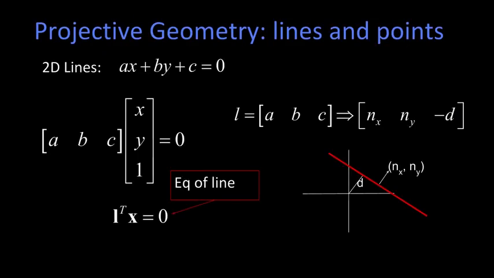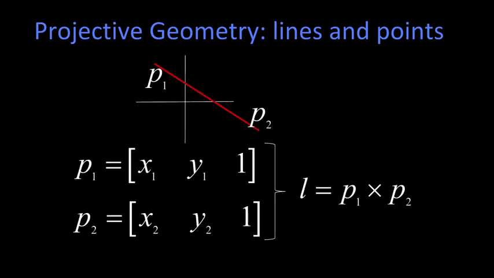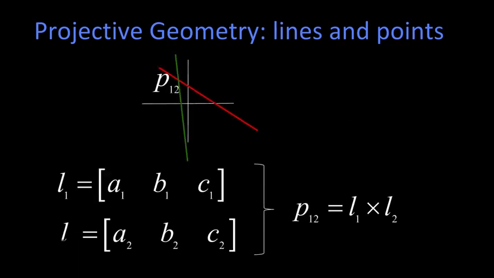We showed how the equation of a line is represented by the normal components in this projective space. And if I gave you 2 points defined in terms of projective coordinates, you could find the line that connected them by doing the cross product. Likewise, if I gave you 2 lines, you could find the point of intersection by doing their cross product. And these are some tools that we're going to make use of going forward.